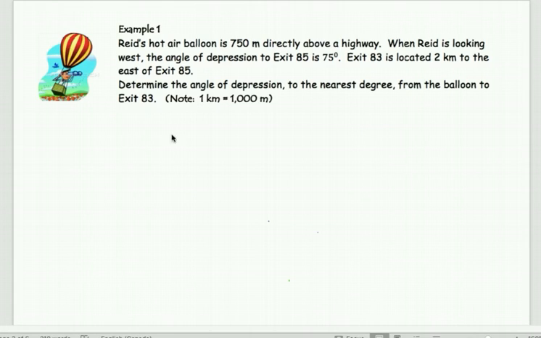Example 1: Reed is in a hot air balloon directly above a highway. Reed is looking west. Okay, so let's get our little compass drawn here. It's looking west at an angle of depression of, so let's get a diagram drawn here.